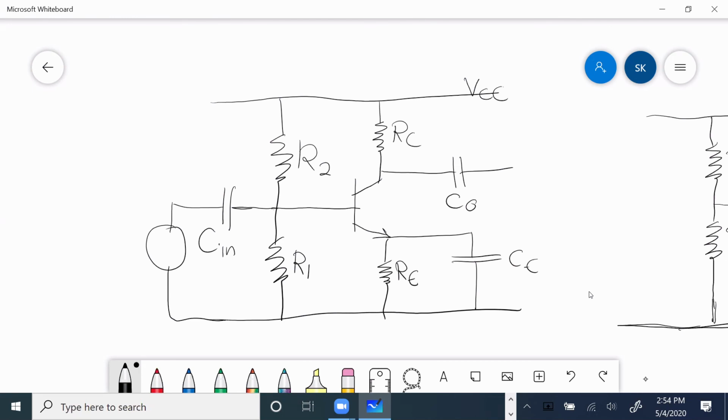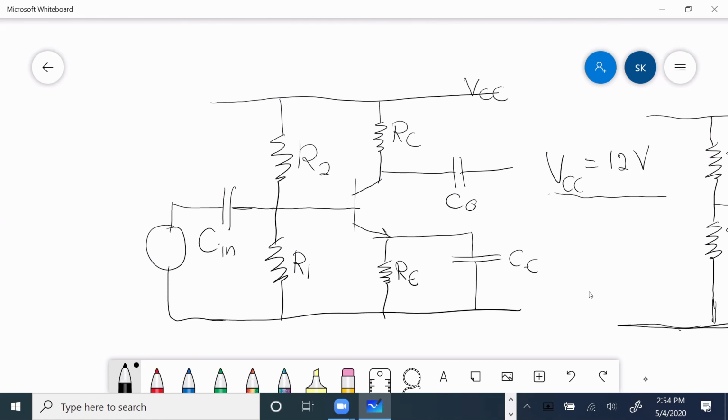In order to decide about all these, somebody has to tell us what VCC is. We are just going to say VCC is 12 volt. That somebody has to tell us.